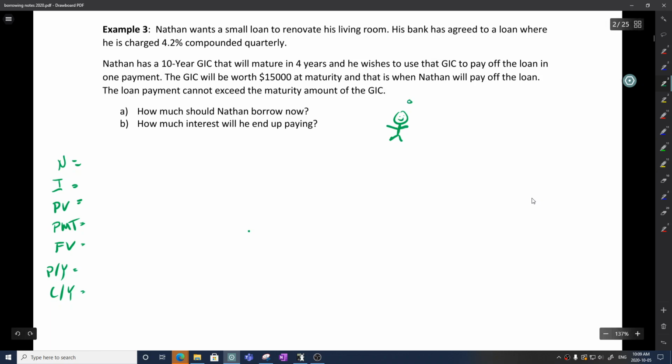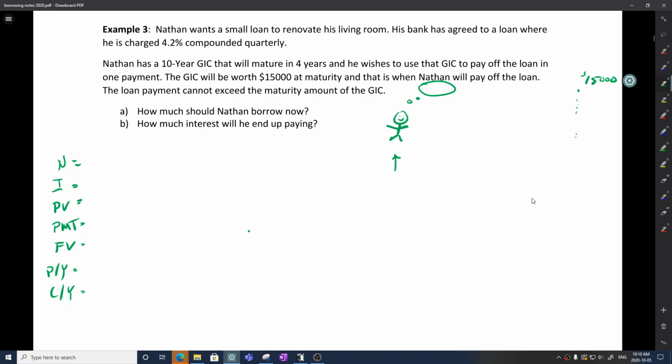Now Nathan has saved up in this GIC. However, now I'm just going to say this is maybe future. In the future, he knows that this is worth $15,000. Now he's really thinking to himself, I would like to renovate my living room today.